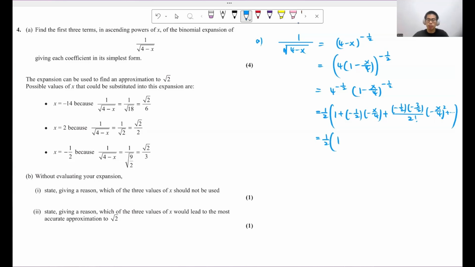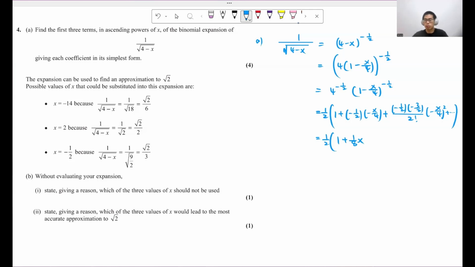Once is the same. And then put in the calculator, -1 over 2 times, in brackets, negative of 1 over 4. So just treat x as 1 and then put it in the calculator. So that would be 1 over 8 x.